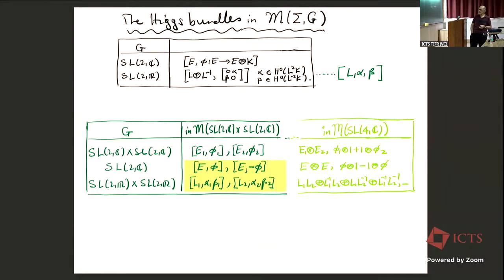So you have an E, phi and an E, minus phi, a pair like that. The SL2R cross SL2Rs correspond to a pair, each one of which is of this form. That's why I've just recorded the information in that way. If you want to think of these as sitting inside the bigger space SL4C, then this is the way they look. But in fact, I don't think we really need to bother with that. That's why I put it in a lighter color.